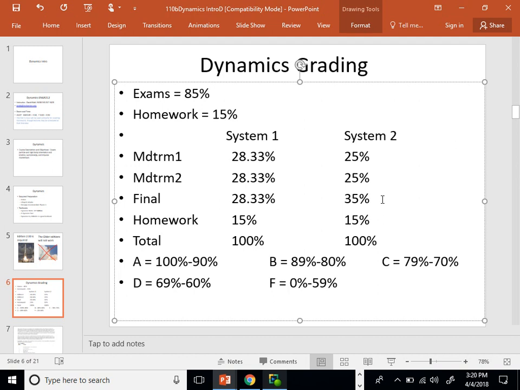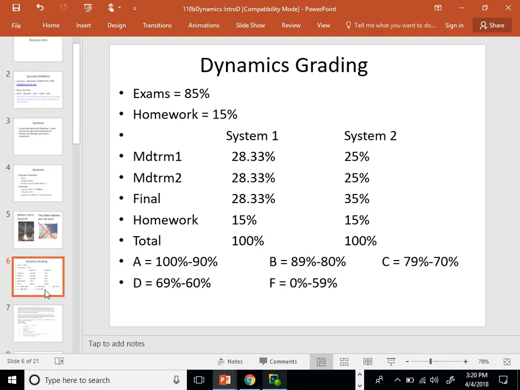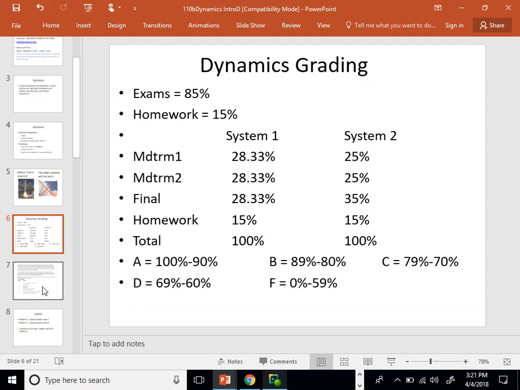Moodle will have a course total that comes with the program. I can't change that, but it's a meaningless number because I can't put these two formulas in there to calculate it. So I use Moodle simply to tell you what your scores were. I don't use it to calculate your grade. So don't pay any attention to that course total. I'll remind you of that perhaps near the end of the term when you're looking at your grade, but just remember that the course total doesn't really mean anything in Moodle.